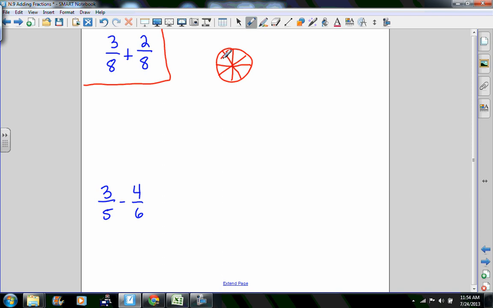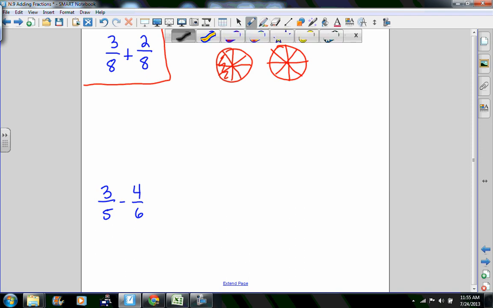So you have 3/8 in this pizza, and then in this pizza over here, we'd have the same setup, except now we have 2 parts. Okay? And then if we're going to just add them together, well, now we have 5 total slices of pizza. So our answer is 5/8, which is nice and easy.